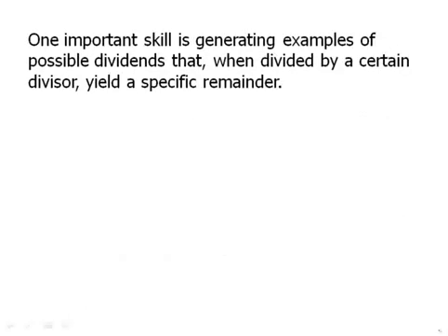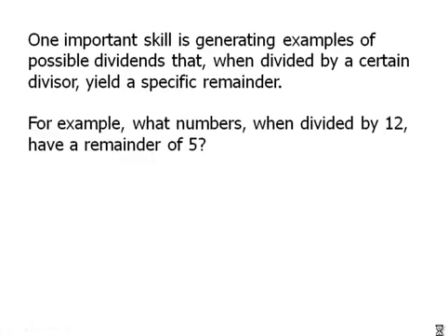One important skill is generating examples of possible dividends that, when divided by a certain divisor, yield a specific remainder. For example, what numbers, when divided by 12, have a remainder of 5? Well, clearly, the simplest one would just be 5 plus 12, which is 17. When we divide 17 by 12, it goes in once with a remainder of 5.